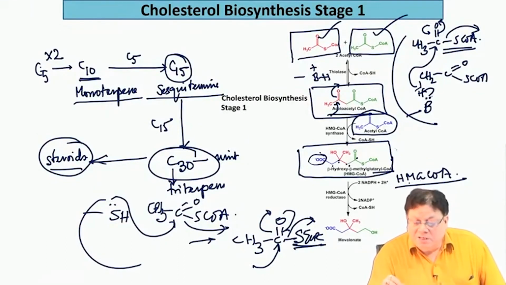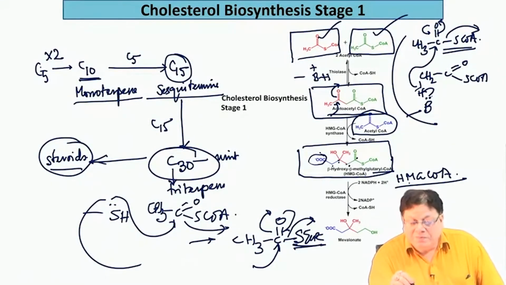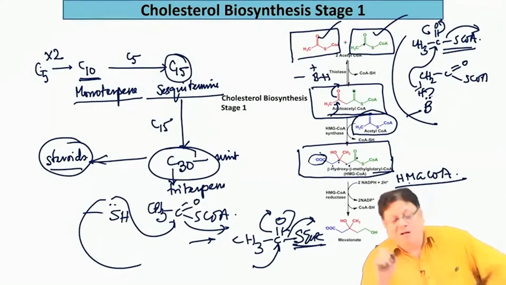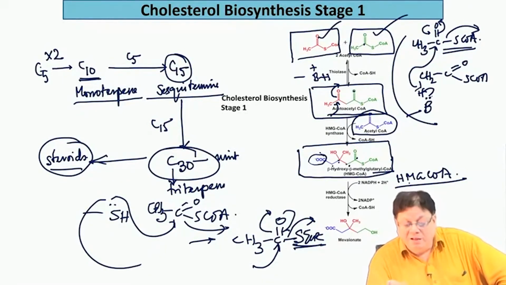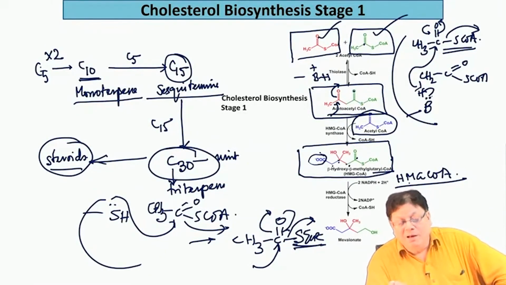Now, so this is basically, first there is a condensation, expulsion of one acetyl, just the CoA is expelled, and then in the next step you have a nucleophilic addition to the beta carbonyl by another acetyl coenzyme A, but that is associated with hydrolysis of the CoA also.